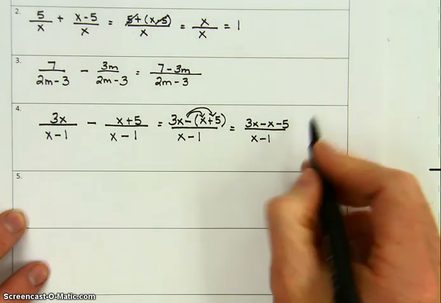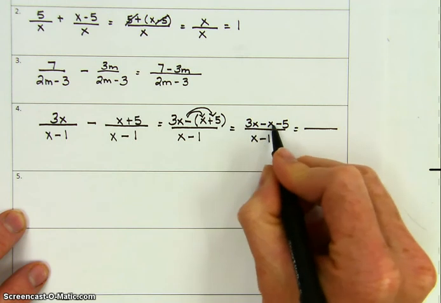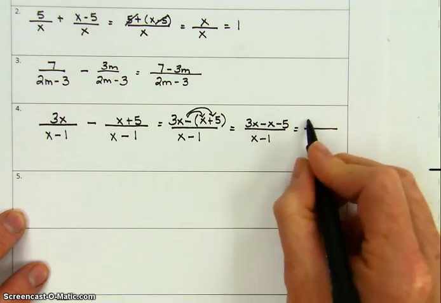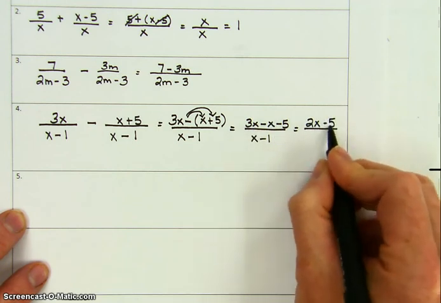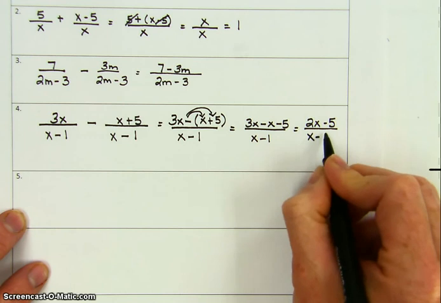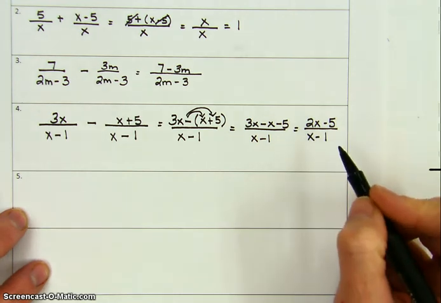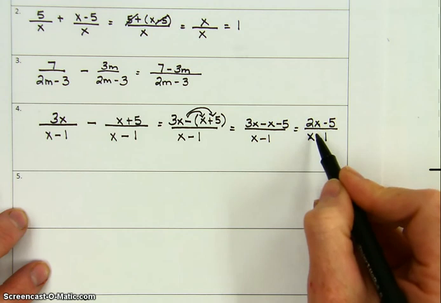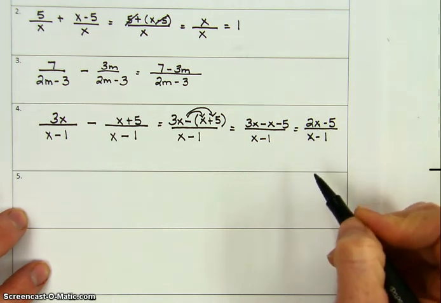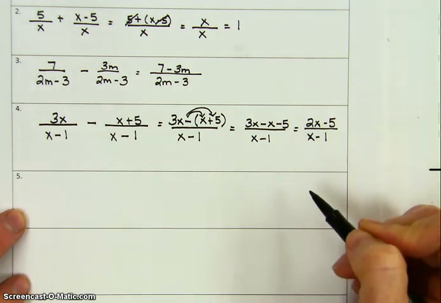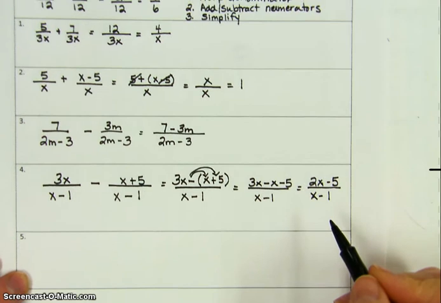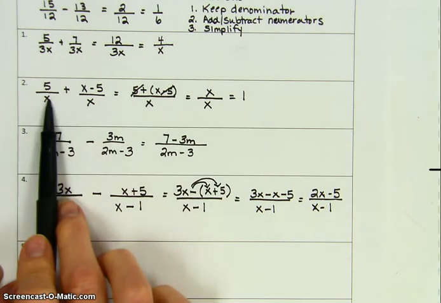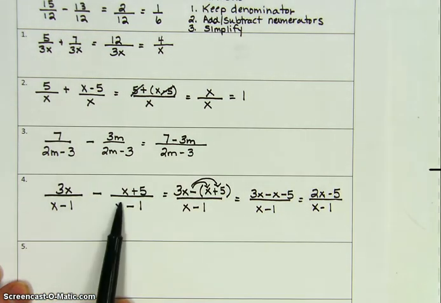Now up on top, looks like I do have like terms here, so I can say 2x minus 5 over x minus 1. Ask yourself, will this simplify? And remember, these x's cannot go out because they are terms, not factors. Now, the first four examples, you could clearly see that we had the same denominator.